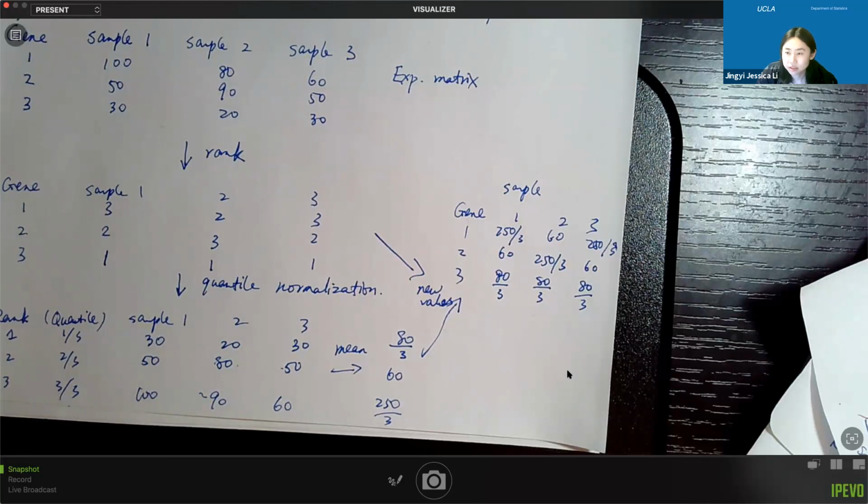Yeah, but I would say for single cell data, it may be a little different, because if your samples are cells, we know that some cells are bigger than other cells. For example, in blood, macrophages are bigger than red blood cells. So it's reasonable to assume that the total RNA amount is more in macrophages.